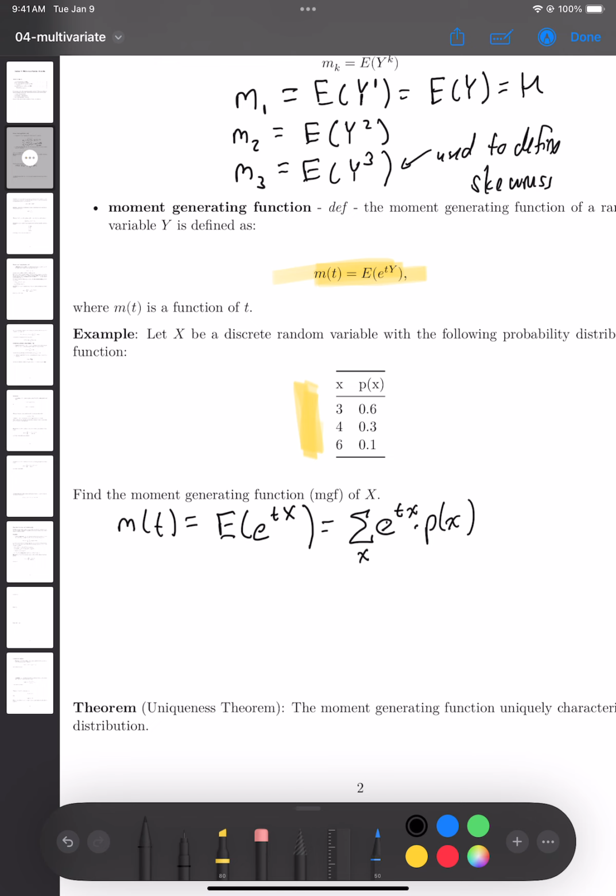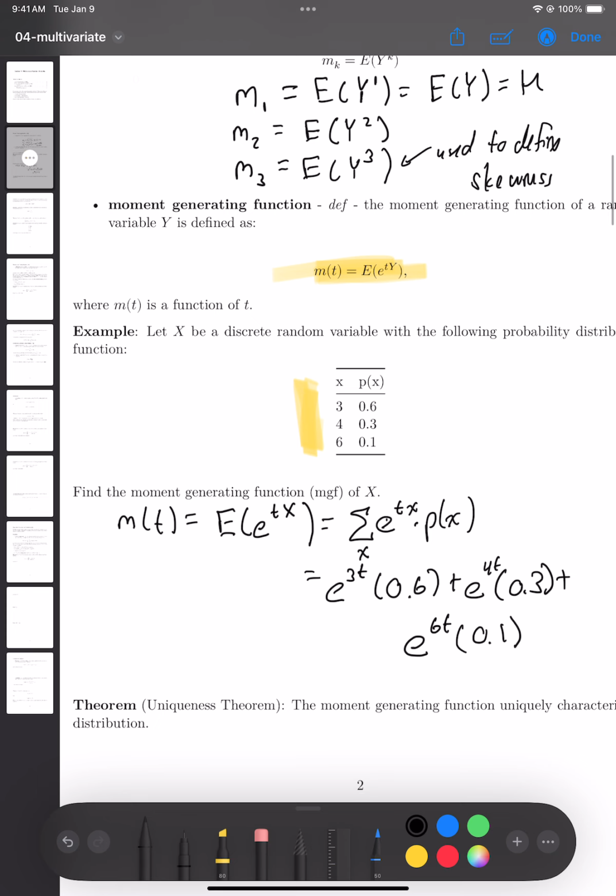Remember, this is a weighted expectation where the weights are the different probabilities. With this table, we can just plug and chug from here. The moment generating function for this is going to be e to the 3t times 0.6 plus e to the 4t times 0.3 plus e to the 6t times 0.1. And that is our moment generating function for this particular distribution.